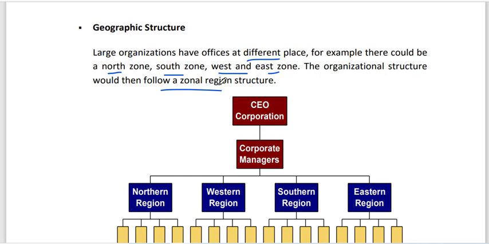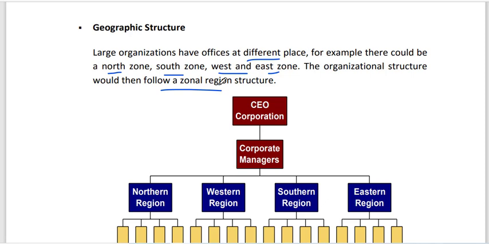Let's say in our railway, in Gujarat we have Western Railway. So Gujarat, Mumbai and those types of regions or states follow Western Railway. Then we have Northern Railway, Southern Railway, Eastern Railway. Why? Because India is a big country, so we have a large network of railway.